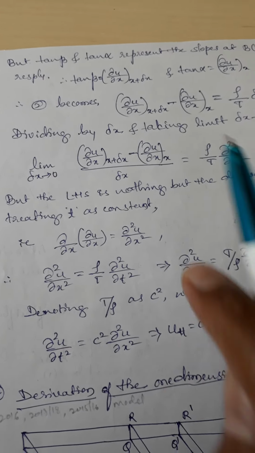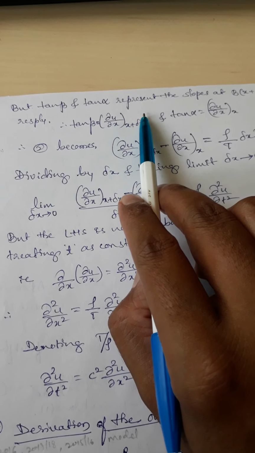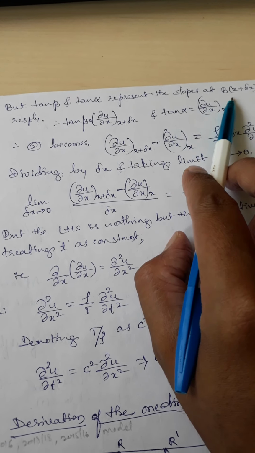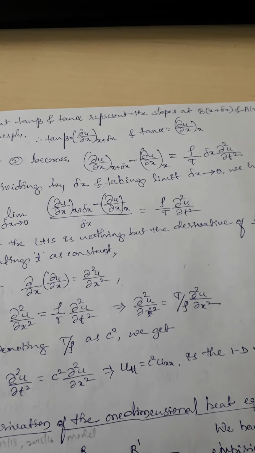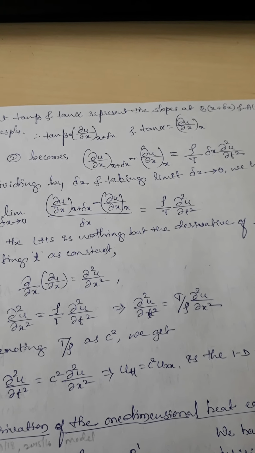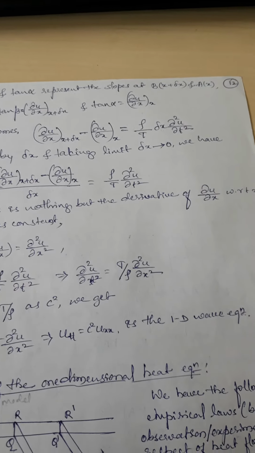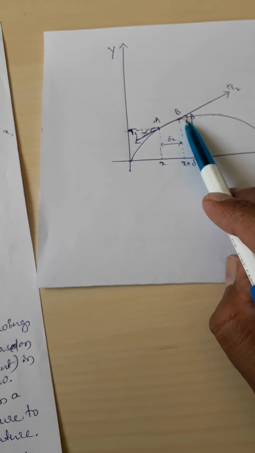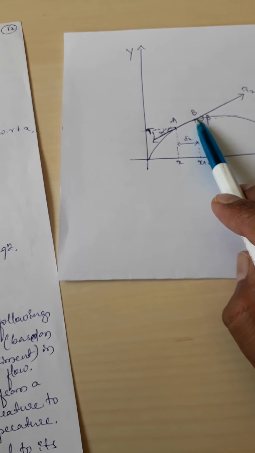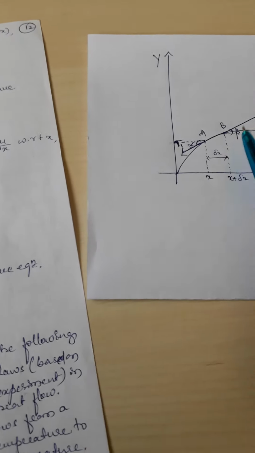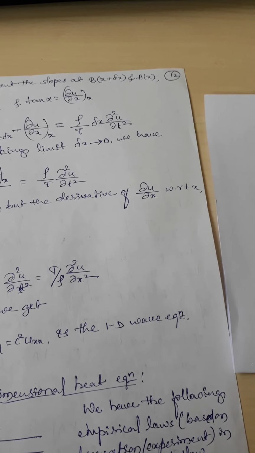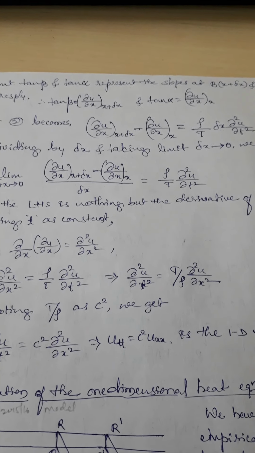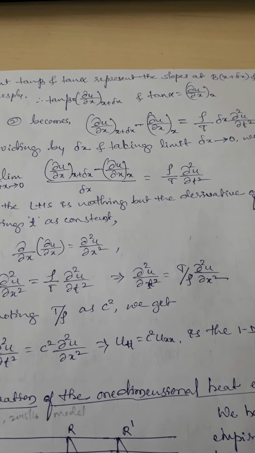But tan beta and tan alpha represent the slopes at the point B, that is x plus delta x, and at the point A, that is x, respectively.